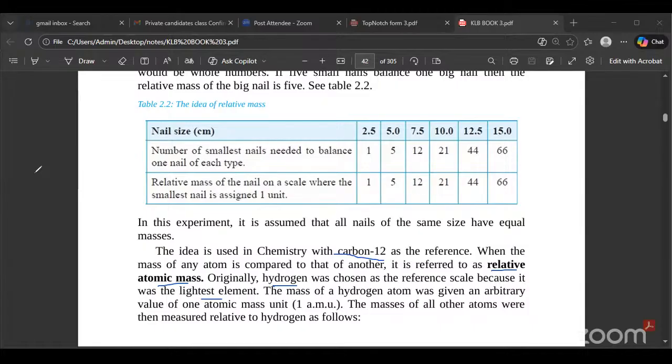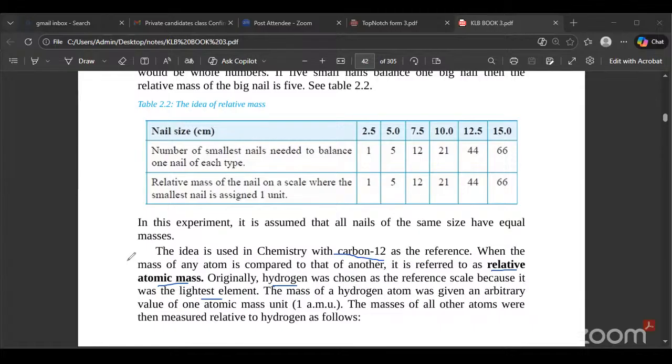Originally, they normally asked this one in exams. They will ask you what was used as an arbitrary value before carbon 12, before we came into the other one. That one is very important.